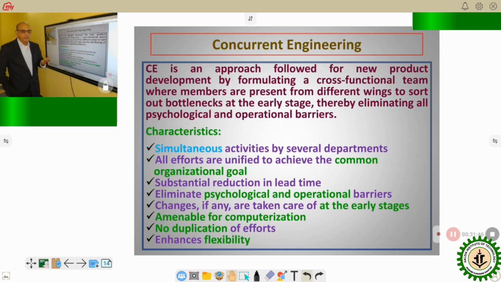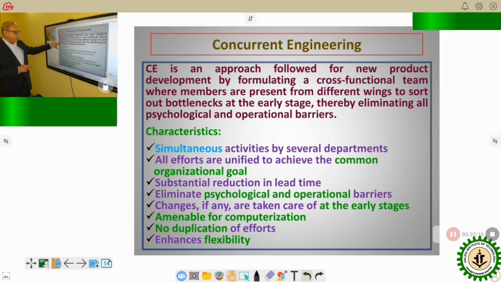Rather, people ought to work under adverse conditions, in the sense there may be humidity, noise, temperature, continuous physical movement, and the number of holidays in the week is rather less. So in the same organization, two different groups of people have two different types of facilities and ambience. That creates the psychological barrier, and of course the operational barriers are also there.